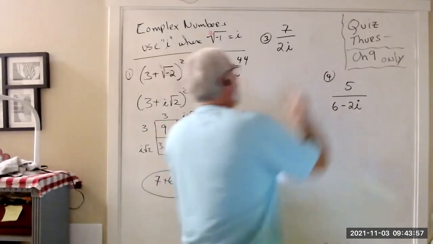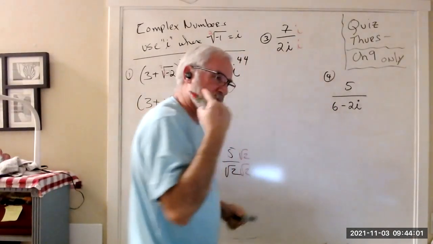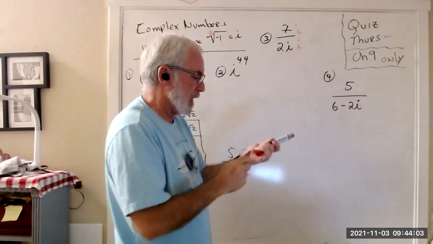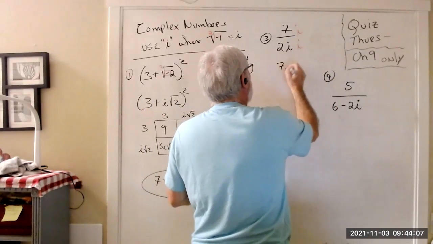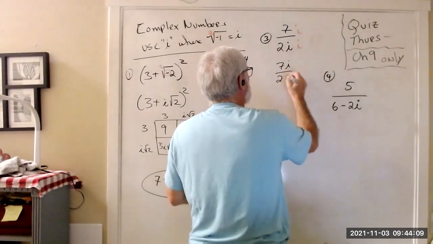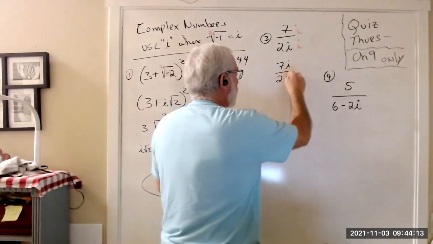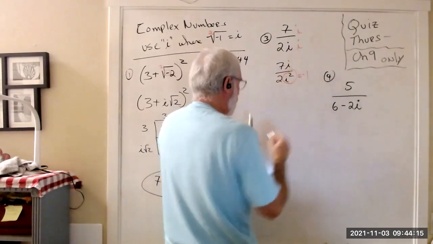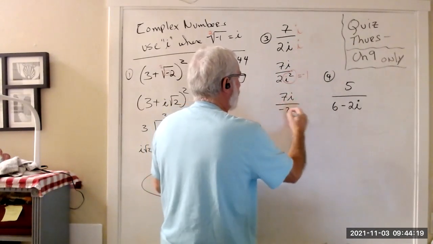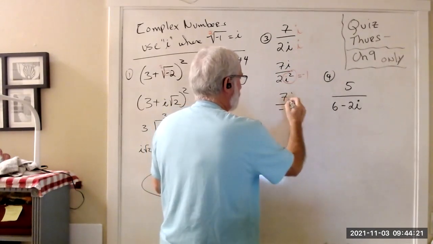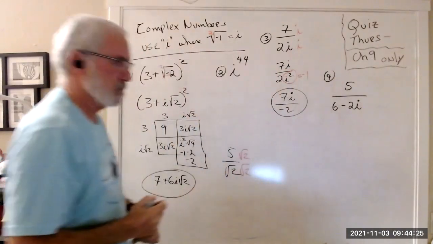When you have an i, you multiply top and bottom by an i. If you have a single i, you multiply by i. So that gives you 7i over 2i squared. But i squared is worth -1. So this becomes 7i over -2. And that would be your final answer.